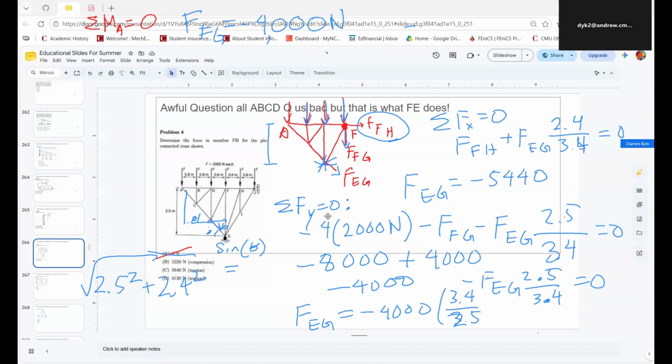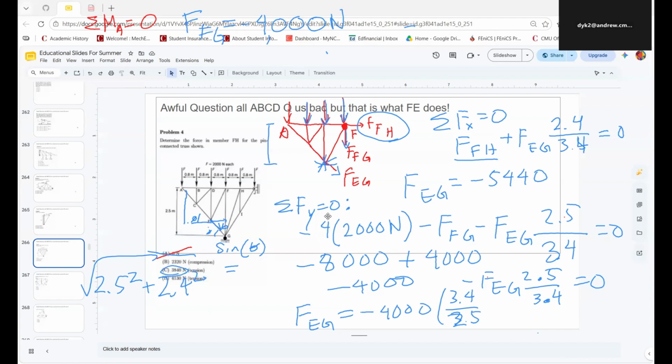So we can figure out FEH. Actually it's 3.46, a little off, but who cares? Multiplied by negative 5,440 equals what? Multiplication. Okay, I get 3,840, which is this.